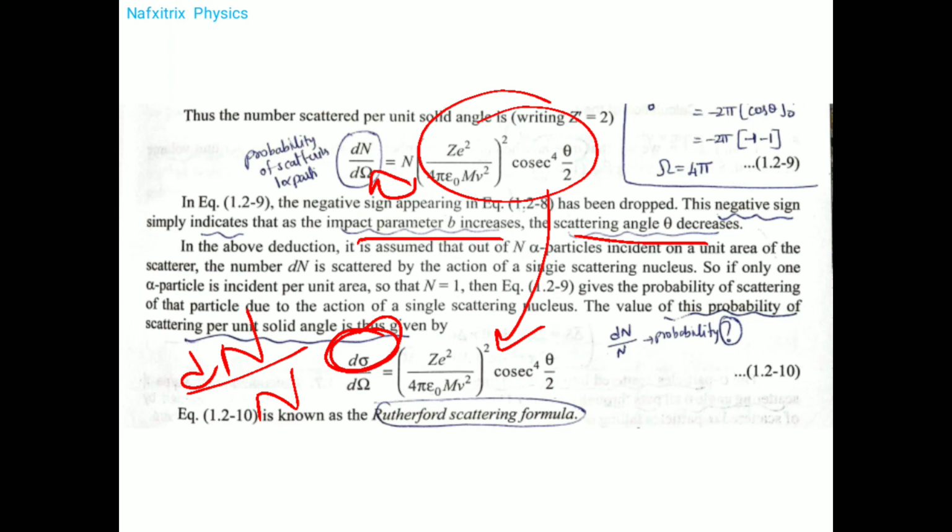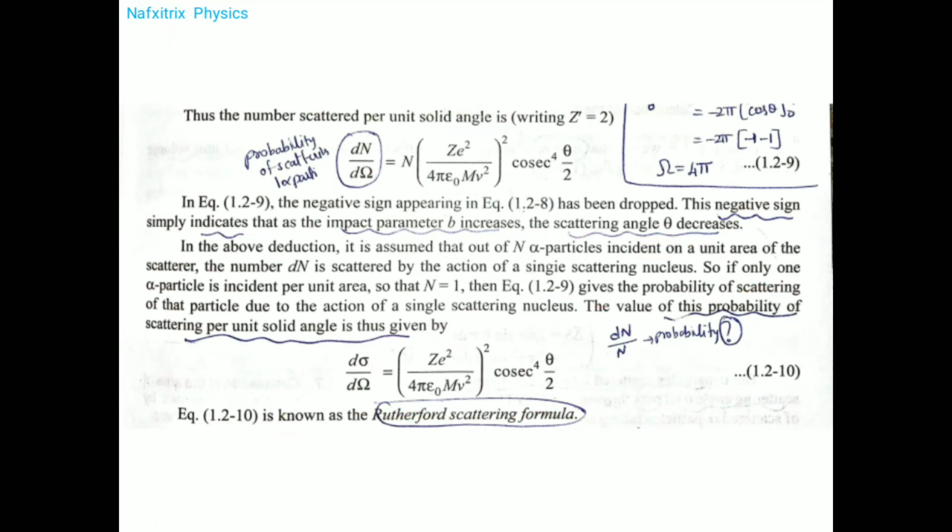It is just like out of one alpha particle falling, what are the chances of its getting deflected. That is nothing but probability. So finally we have got Rutherford's scattering formula, by sending this n to that side, as probability.